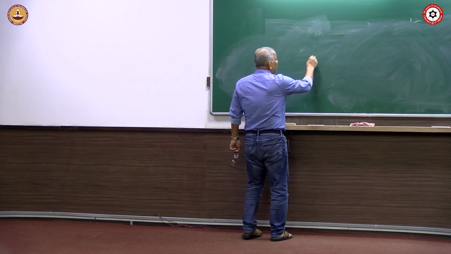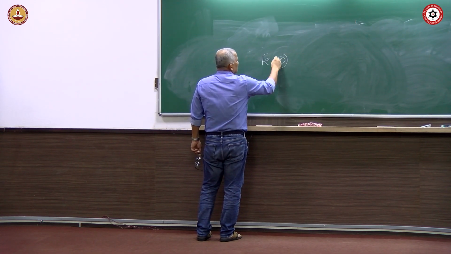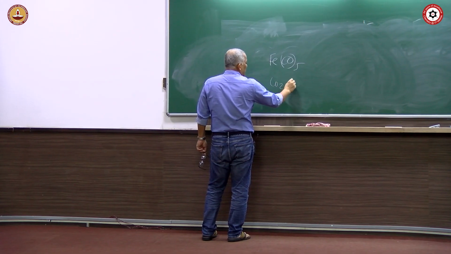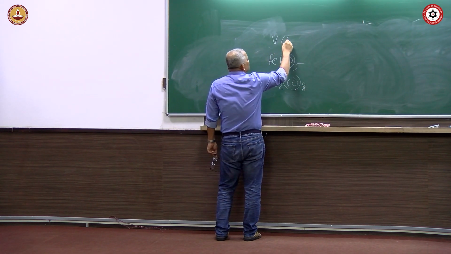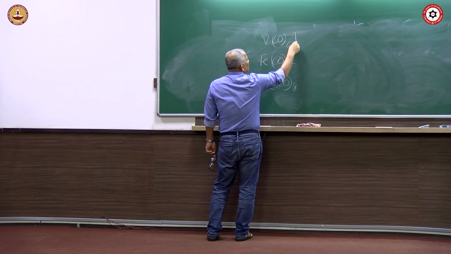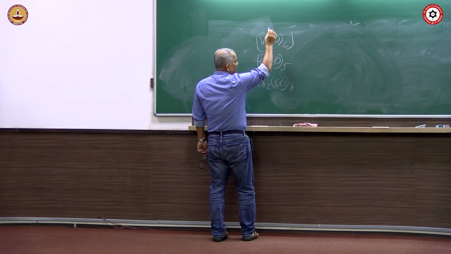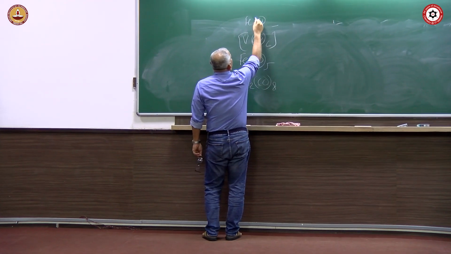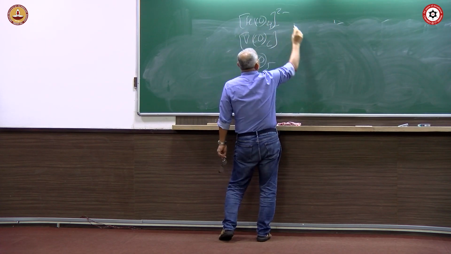Okay, now if you have, let's say, FeCO5, if you have Co2(CO)8, if you have V(CO)6 minus, if you have, let's say, Fe(CO)4 2 minus.